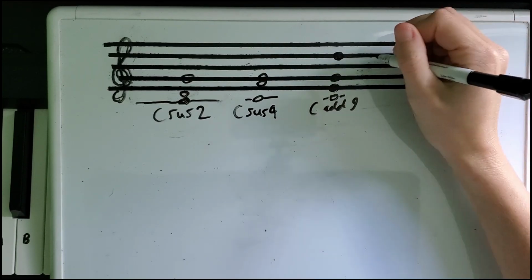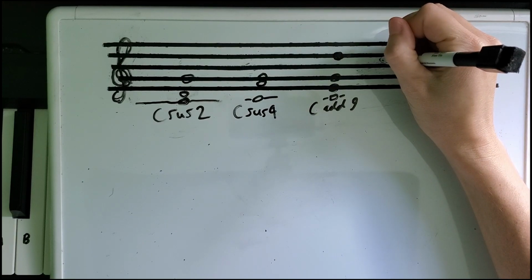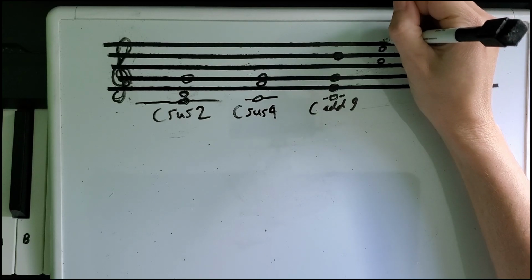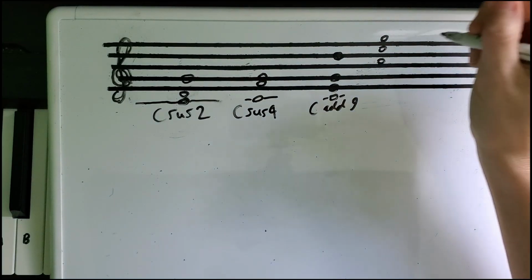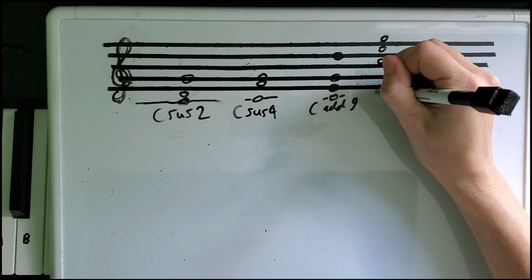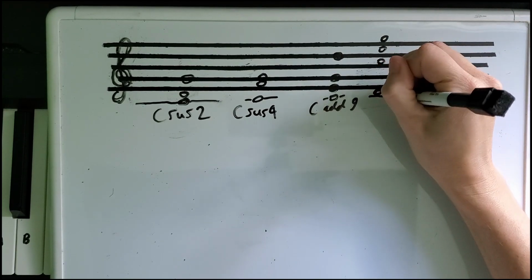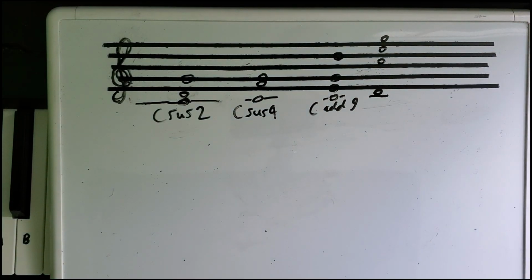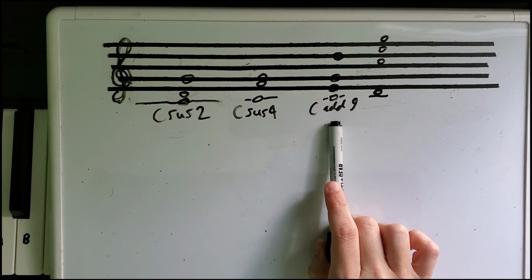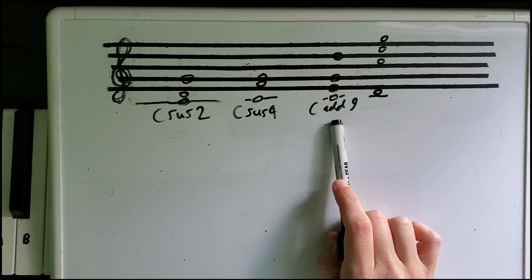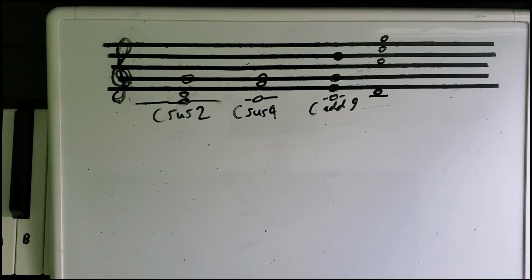So if we start C, E, and G, and then we come down here, we write our D. That's another way you could write it. But as I said before, when in doubt, this is the most common way. This is your default way of playing that chord.